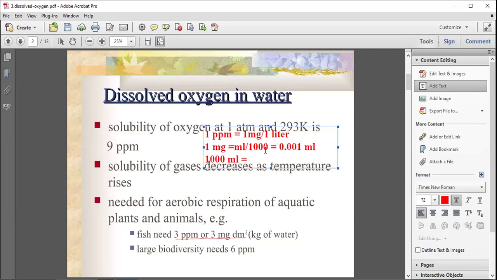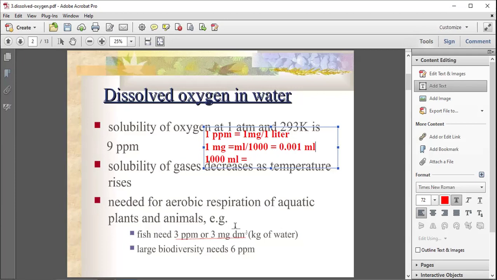Normally we see there 3 milligram. 3 milligram means 0.003 milliliter, 0.003 milliliter per liter. So you can understand.